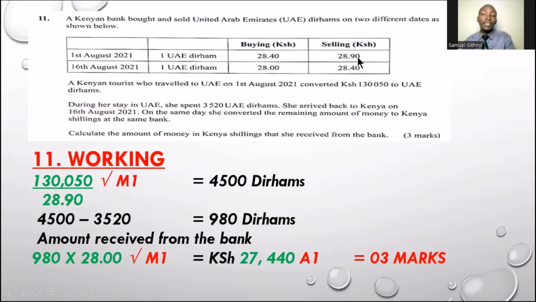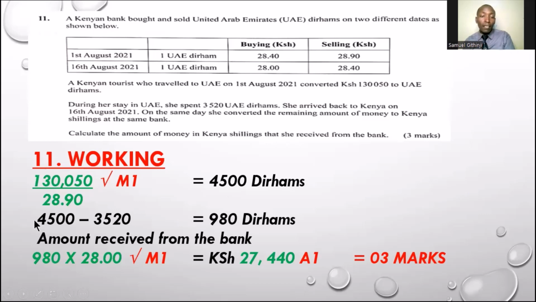Get that well, my student. The bank and the bureaus always trade with the foreign currency. That's what they sell. So if the customer goes with Kenyan shillings, the bank will be selling the foreign currency. By dividing that, 1 mark there, this lady received 4,500 dirhams for the exchange of her money.